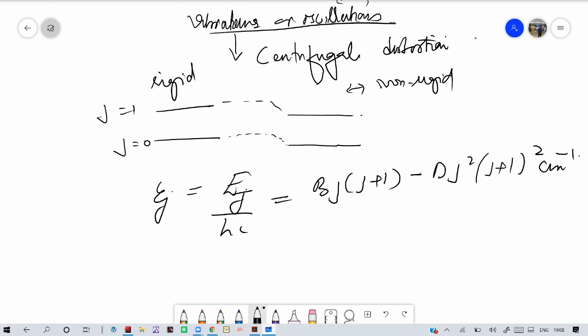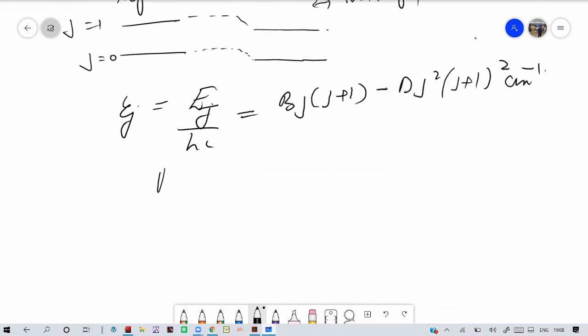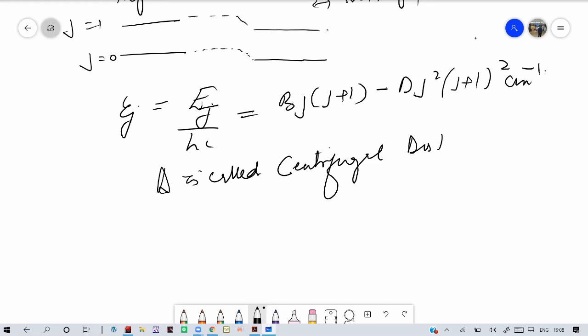And this D is nothing but the centrifugal distortion coefficient or centrifugal distortion constant.